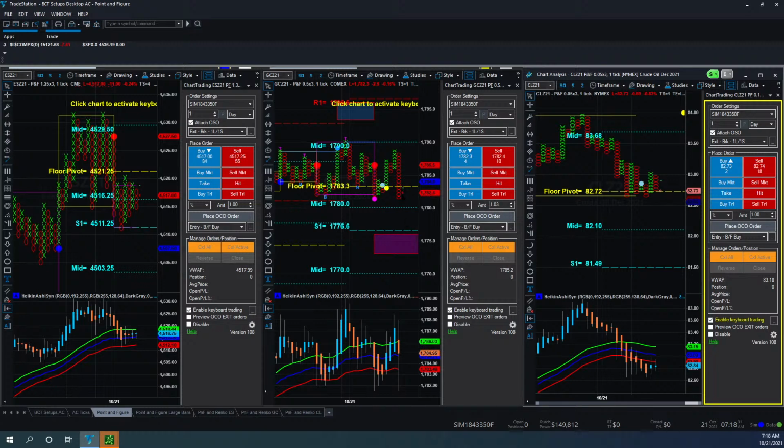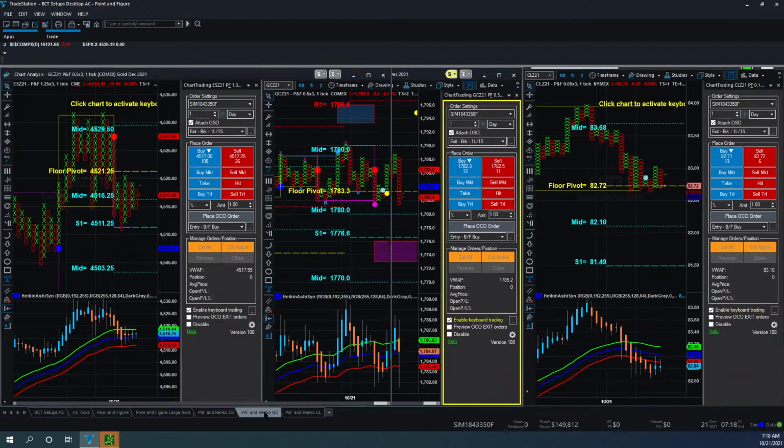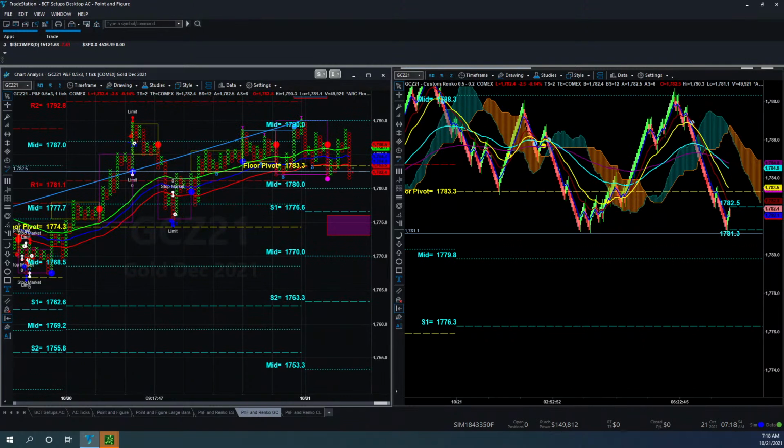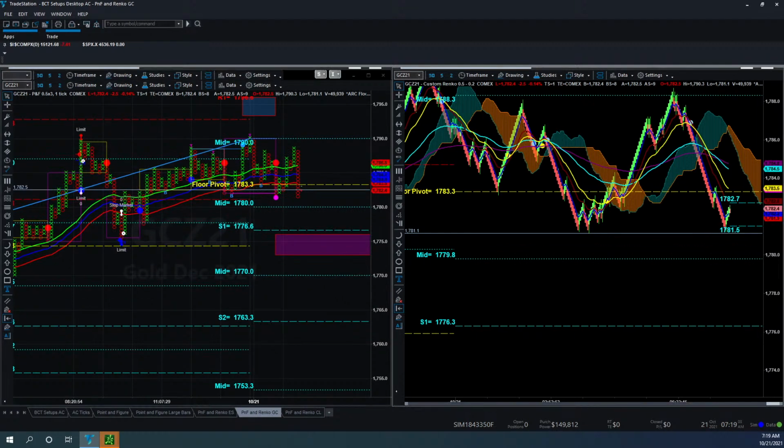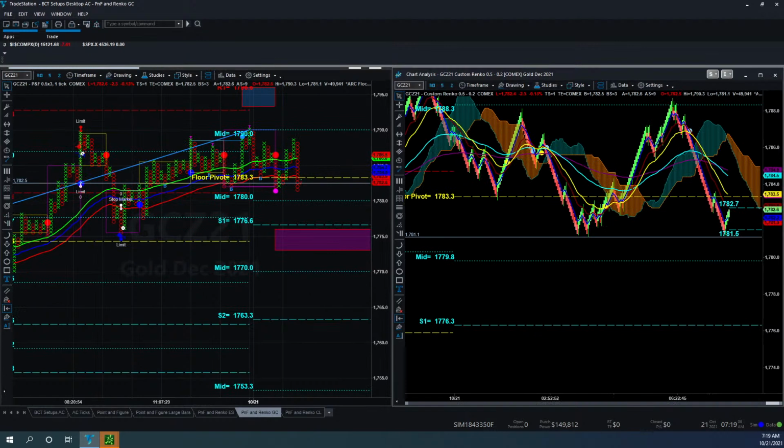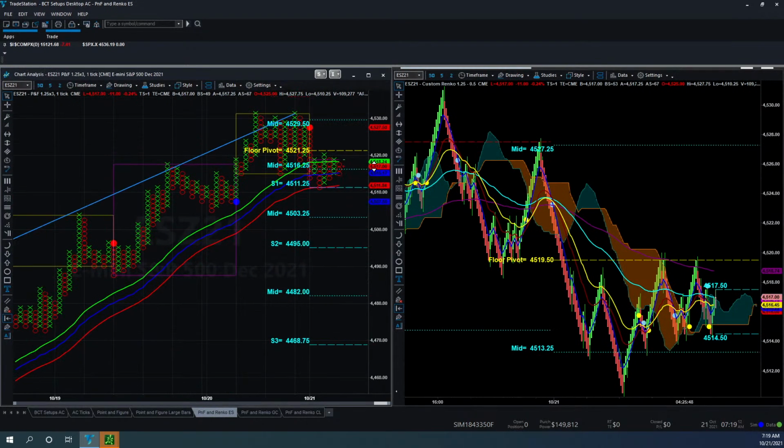Gold is triggering a buy signal in the Renko, not respecting this support line, so it's probably going to move up a little bit to be in the range. So it's still in the channel. Let's go back here to look what's going on. Bouncing. Let's look at the point and figure between these two charts.